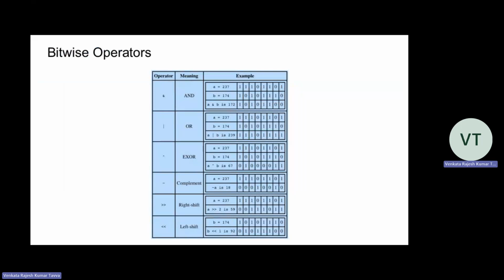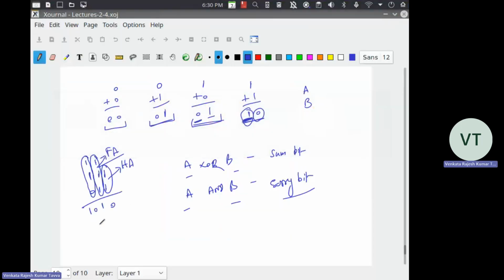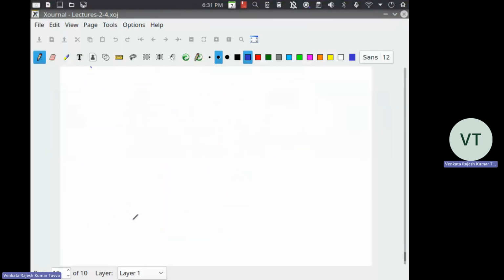We'll quickly see how bitwise operators can be used in regular programming with regular numbers. So far, the bitwise operators we saw deal with only zeros and ones. Now I will perform, say, an AND operation on normal decimal numbers. It can be larger numbers also, like 27 and 35, anything.